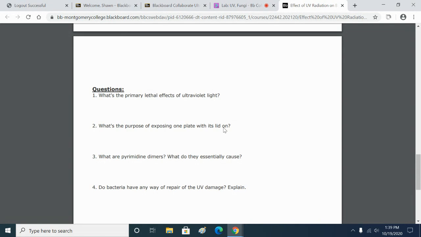They cause cancer, skin cancer. Well, bacteria don't do cancer. Right, so more generally, what do they do? They kill bacteria cells. Okay, be more general.